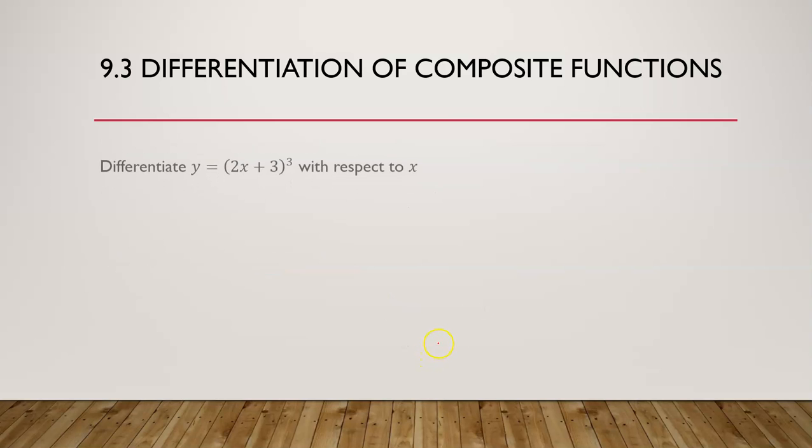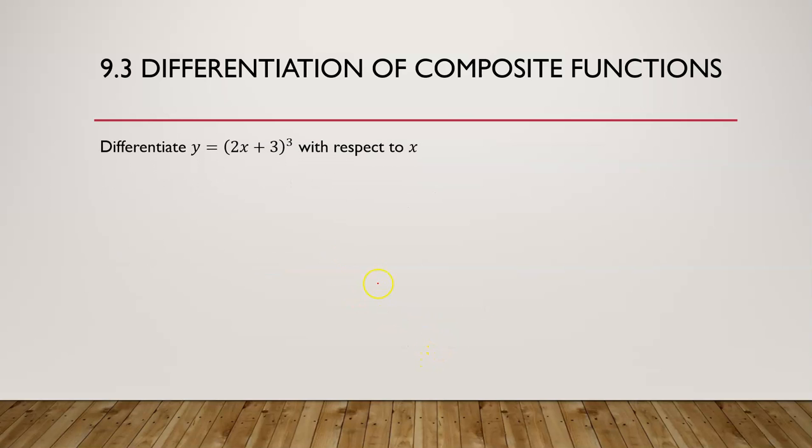So this is easy. If we continue, if I change the power to 3, y equals (2x plus 3) cubed, and then you are asked to differentiate with respect to x. So you will expand it again and you will get 8x cubed plus 36x squared plus 54x plus 27.